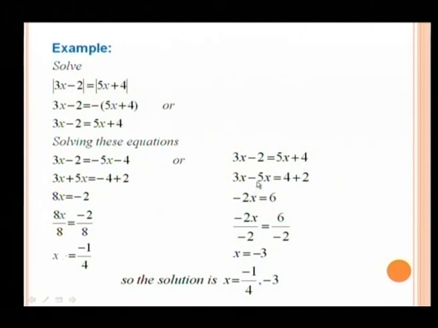By applying this procedure, we have -2x = 6. Now by dividing by -2 on both sides of the equation, on the left hand side we have x and on the right hand side we have -3. So the solution for this modulus equation would be x = -1/4 and x = -3.